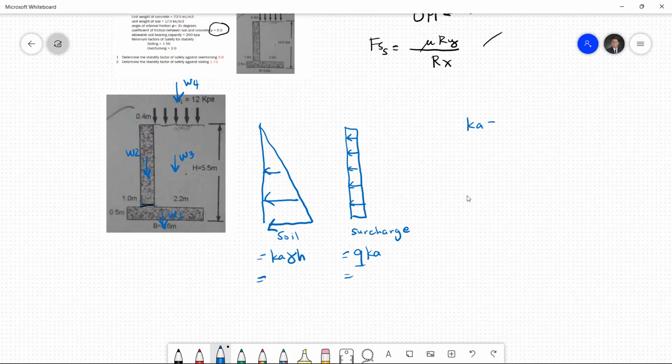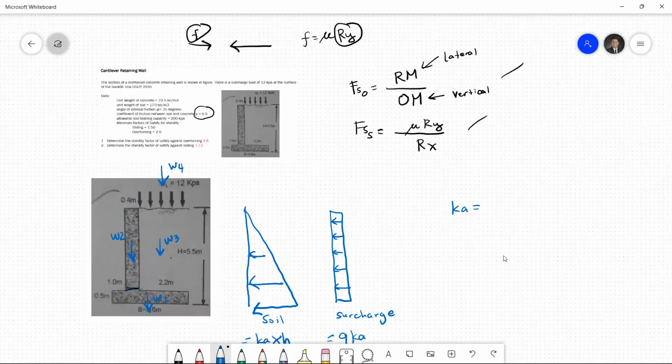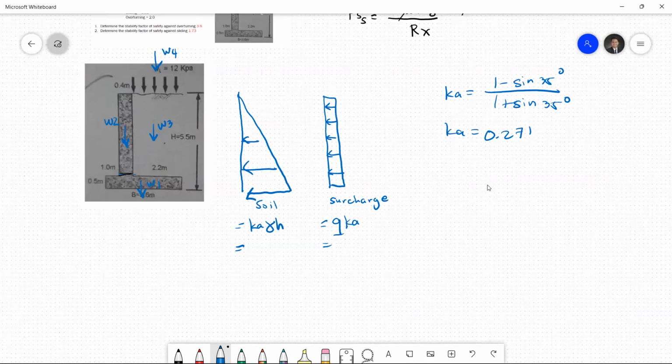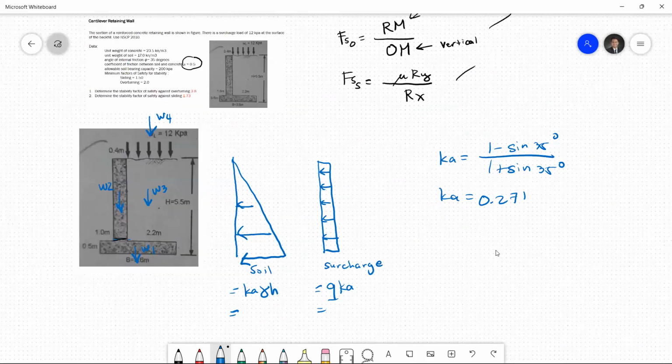Ka is equal to 1 minus sine 35 degrees divided by 1 plus sine 35 degrees, which is equal to 0.271. Then solving for Ka gamma H, your gamma is equal to 17 and your H is equal to 5.5.